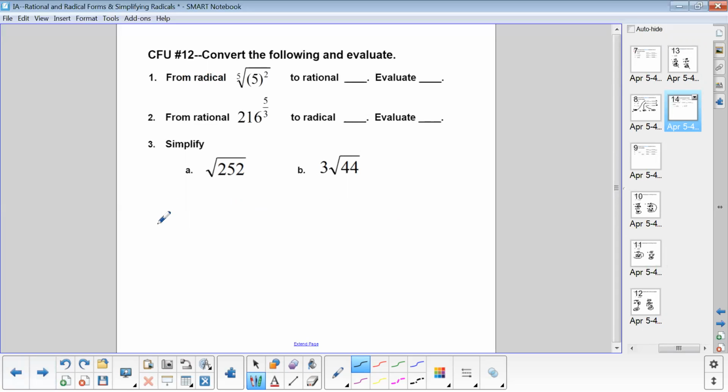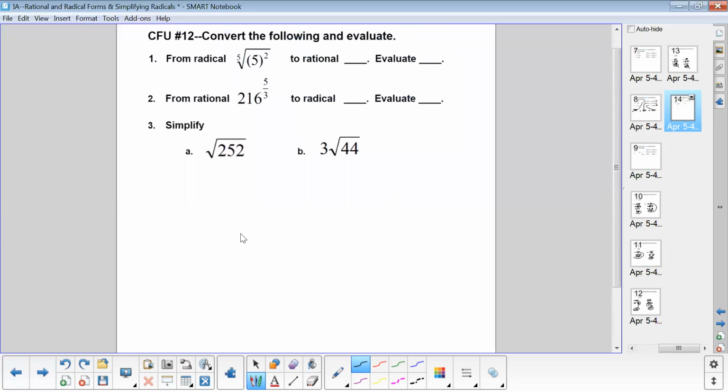So for the check, I want to change number 1, the 5th root of 5 to the 2nd power, to a rational exponent. So this would be converted into 5 to the 2/5 power, 5 meaning the root, and 2 being the power.